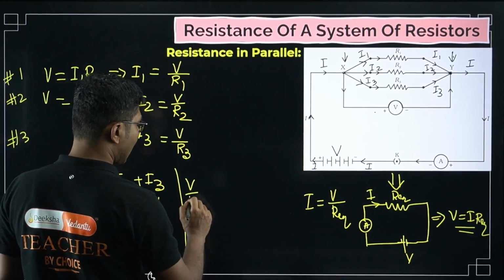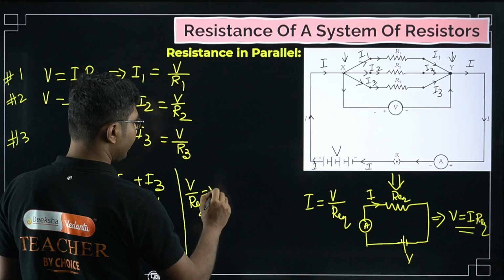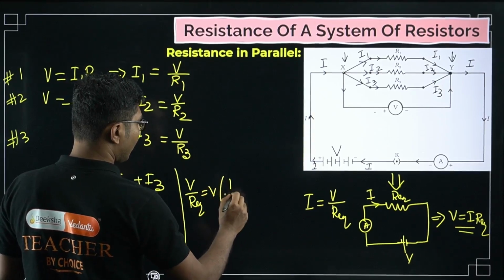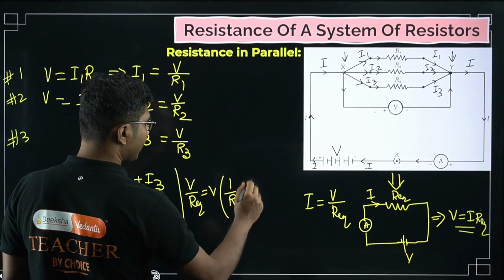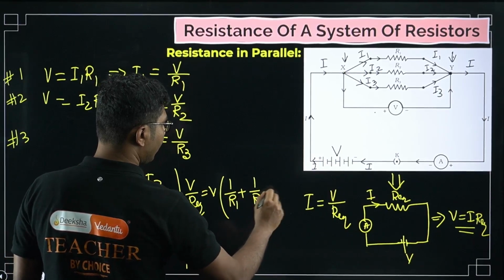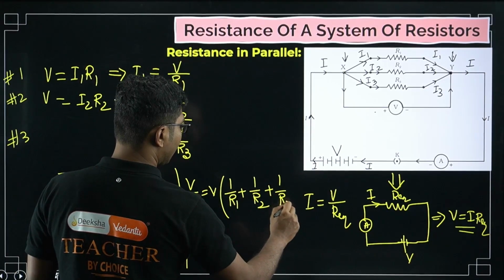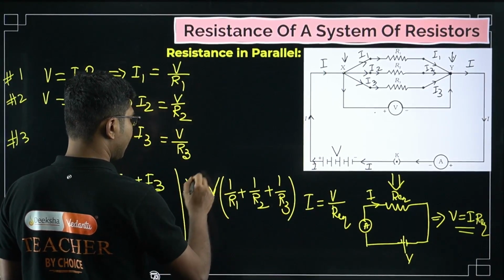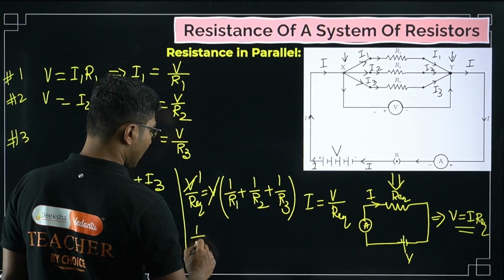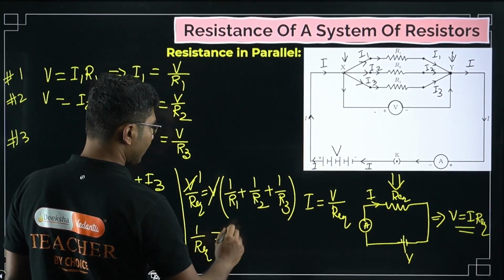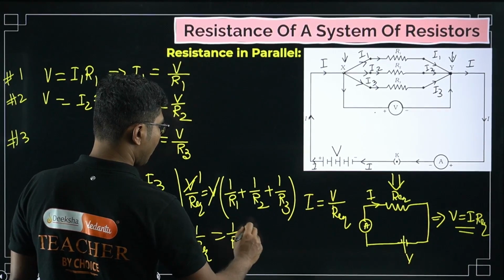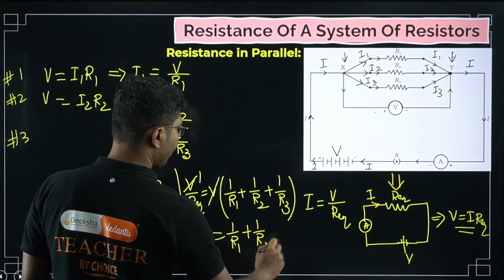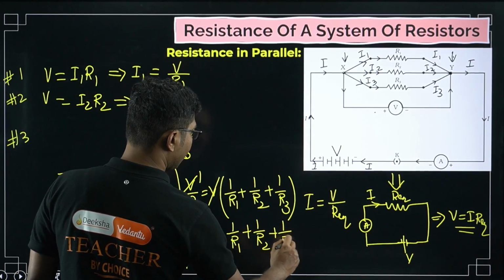So V by R equivalent equals V is common, times 1 by R1 plus 1 by R2 plus 1 by R3. Now this V cancels, so we get 1 by R equivalent is equal to 1 by R1 plus 1 by R2 plus 1 by R3.